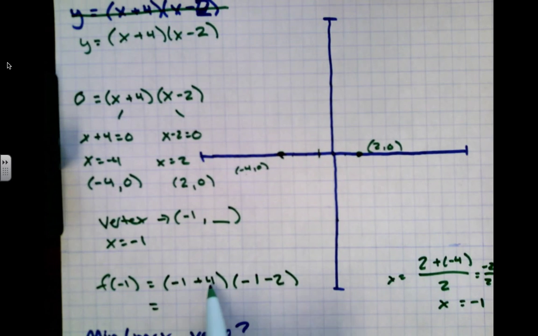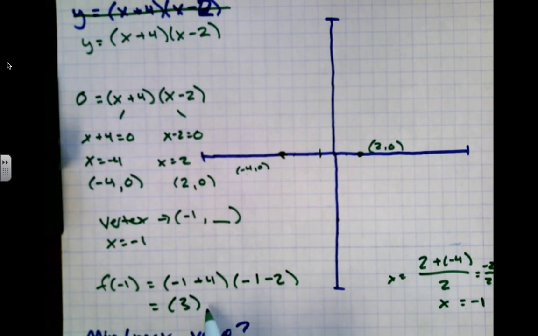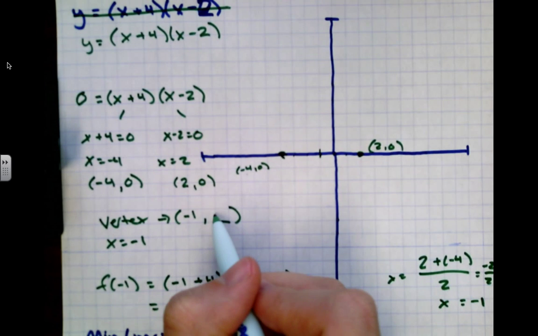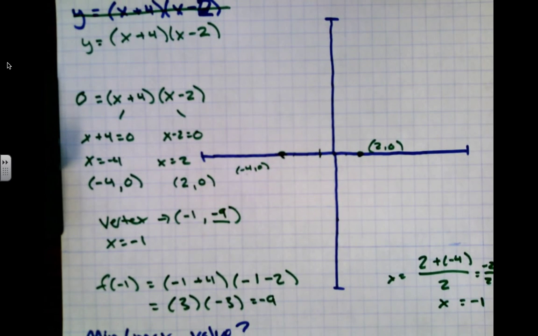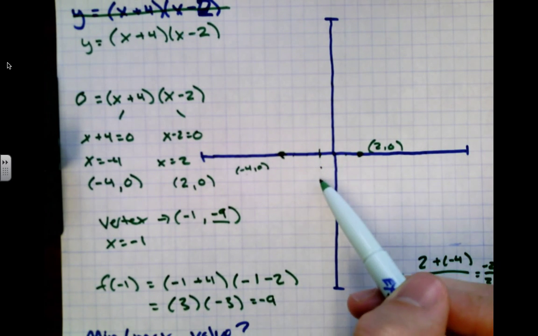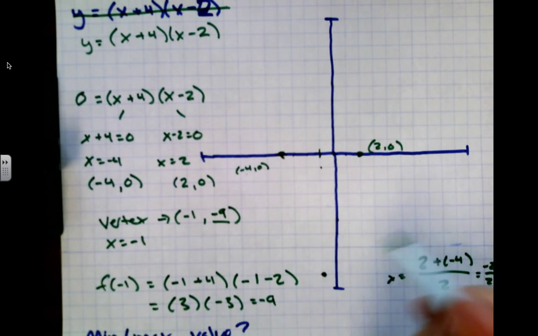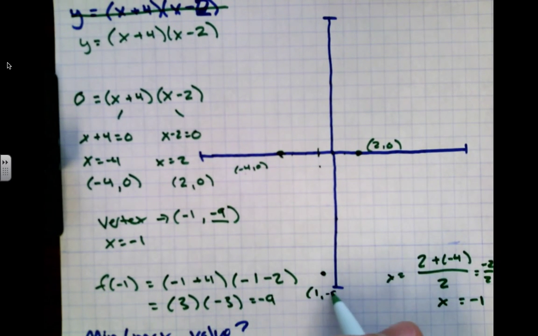Negative 1 plus 4 is 3, negative 1 minus 2 is negative 3. What that ends up giving me is negative 9. So I would have a vertex of negative 1, negative 9, which I could say here's negative 1, 1, 2, 3, 4, 5, 6, 7, 8, 9. Here's my vertex of negative 1, negative 9.